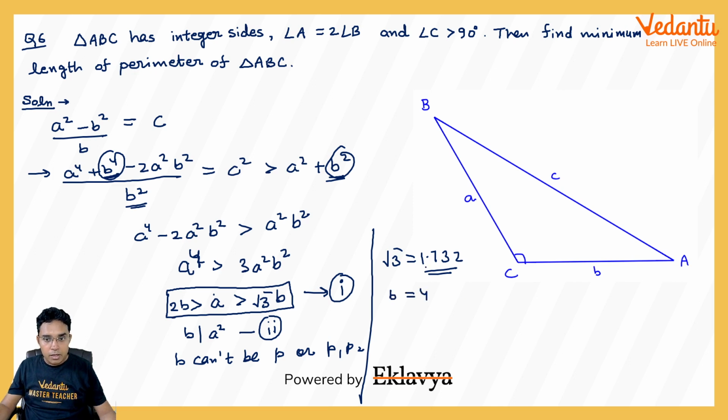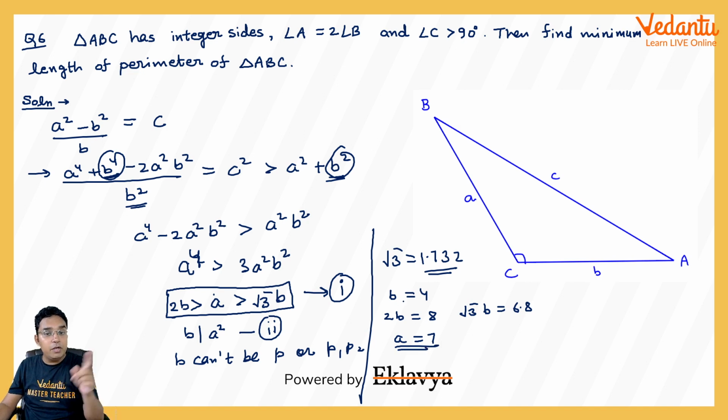You can check. 1.732 into 4 will be lesser than 7, and 2b will be 8. So here there is one integral value that is possible, a is equal to 7.